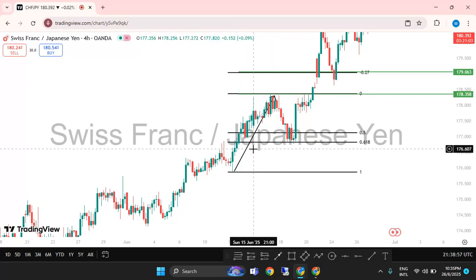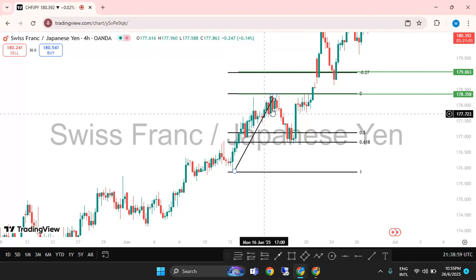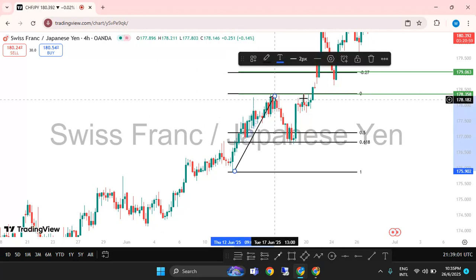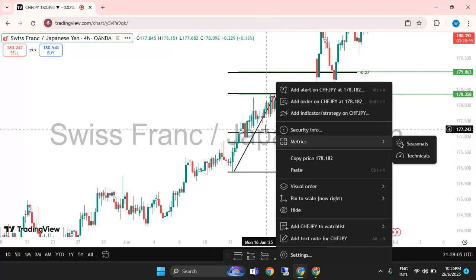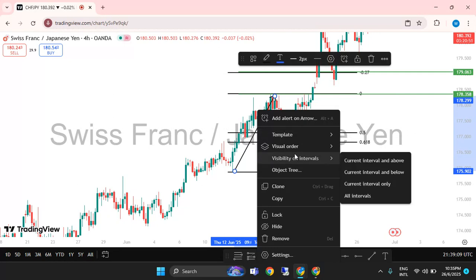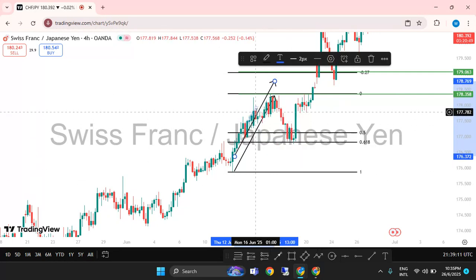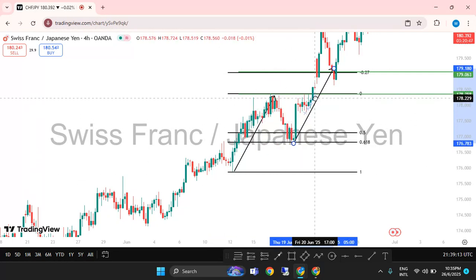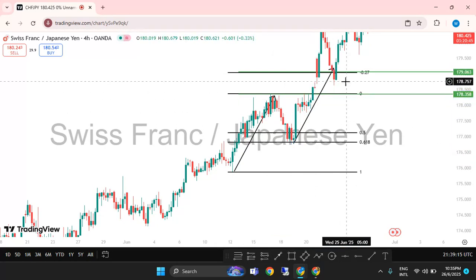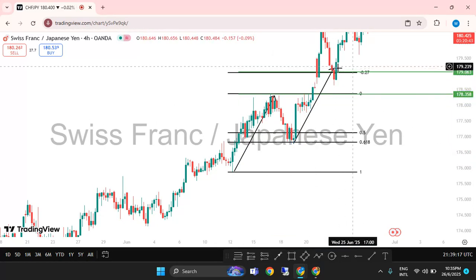As you can see, the market gave this impulse move to the upside, and there was a pullback from here. Let me just clone this. There was a pullback from here. You see why I use this minus 0.7?